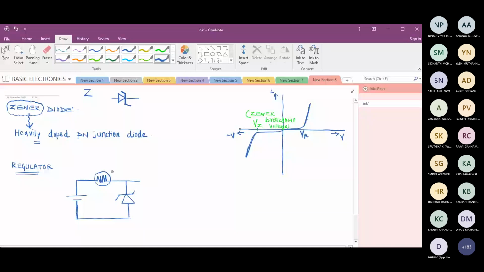I'm not straight away connecting the battery across the diode. I'm connecting a resistor because if this potential varies, the extra voltage will appear across this resistance. Are you getting it?